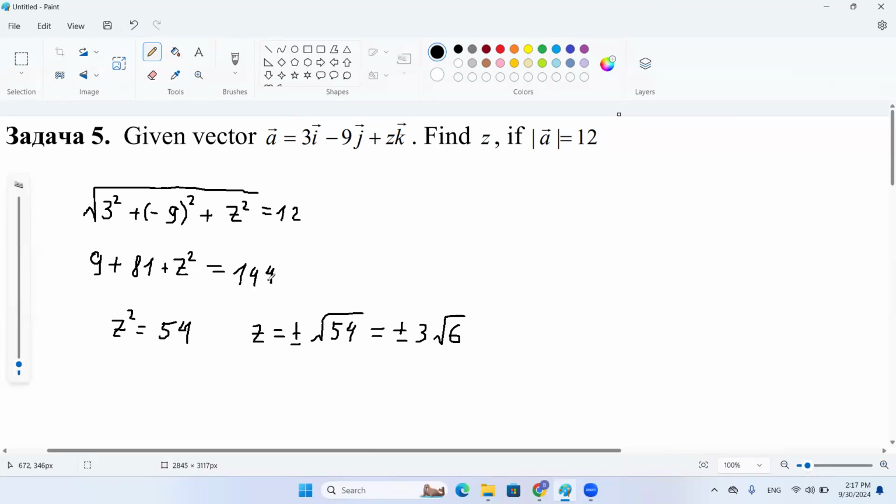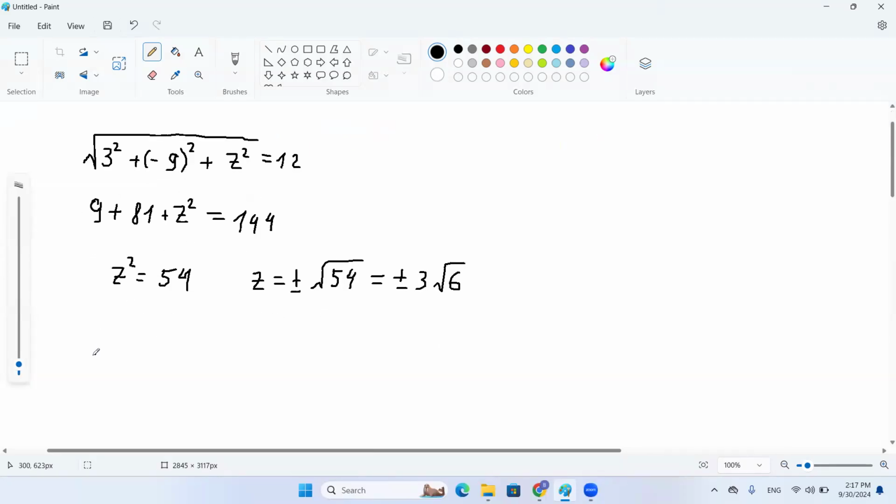And now let's verify. So 9 plus 81 plus 54. So yeah, it equals 12.